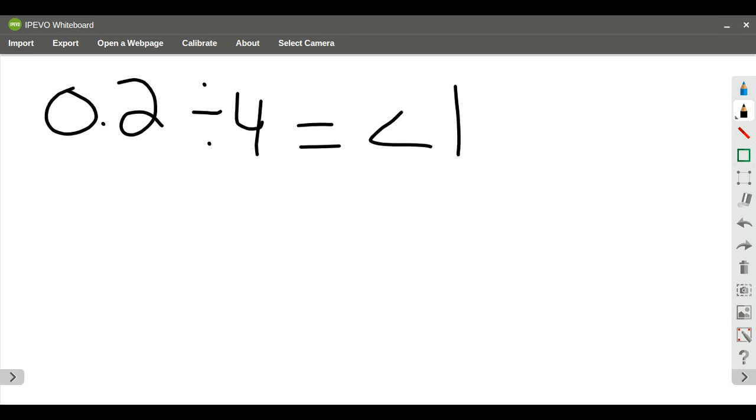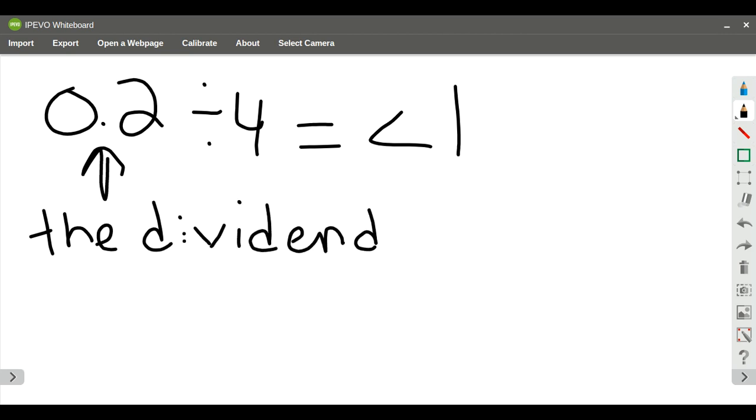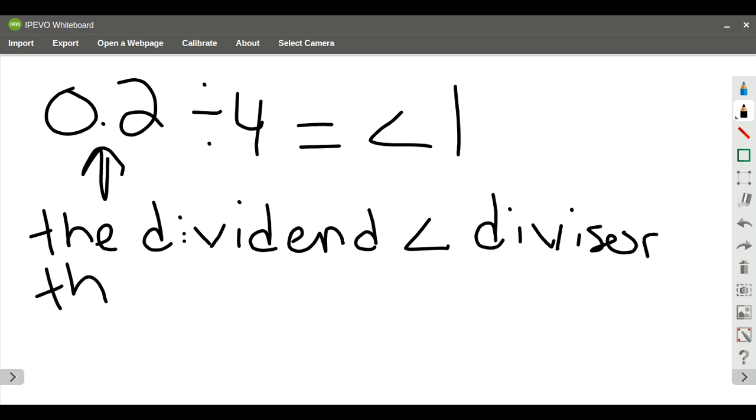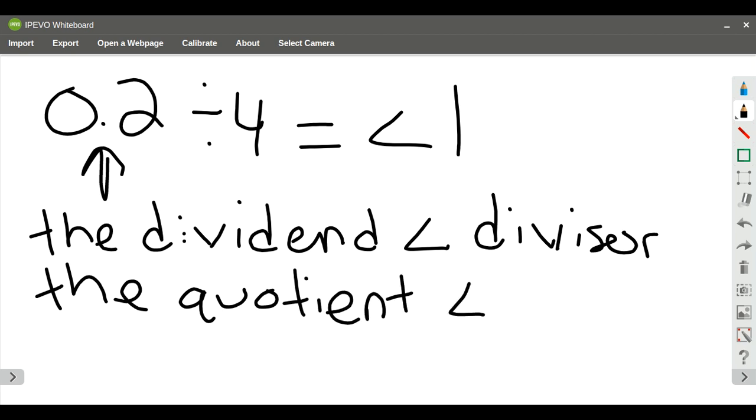The dividend is less than the divisor. 0.2 or 2/10 is way smaller than 4. So because the dividend is less than the divisor, the quotient is less than 1.